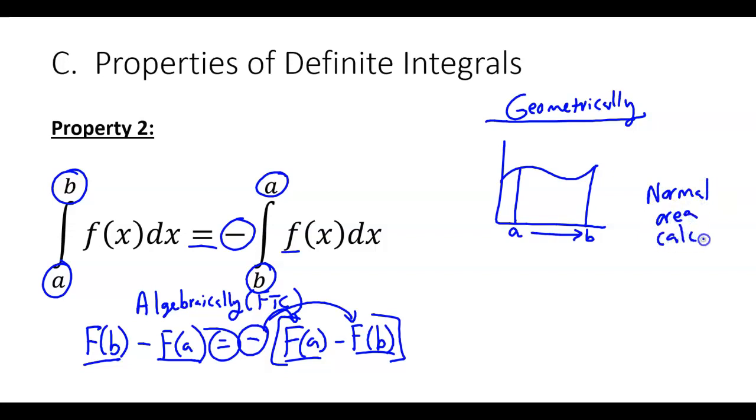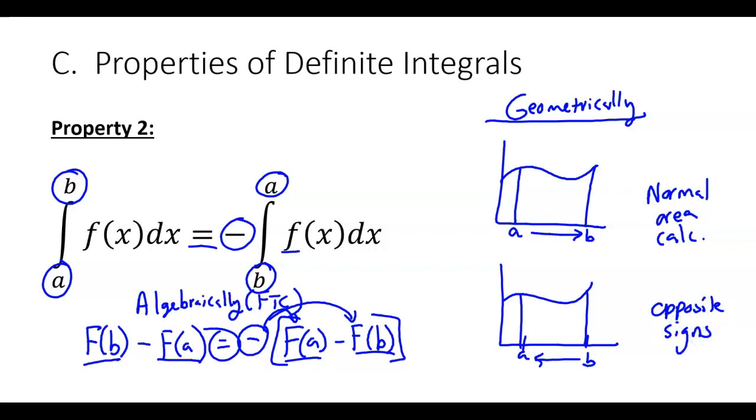So for instance, if I were integrating from A to B, I would have a positive area here. The reason I would have a positive area is because it's above the x-axis, by the way. But let's take this same graph and the same interval from A to B. But let's say that I was integrating backwards. Opposite signs result.